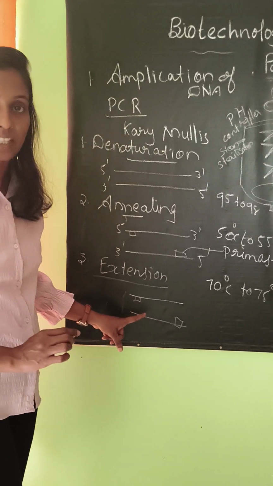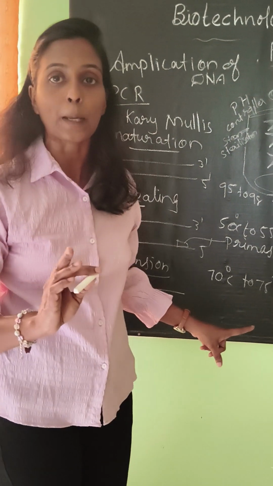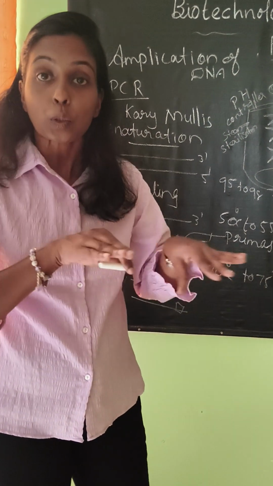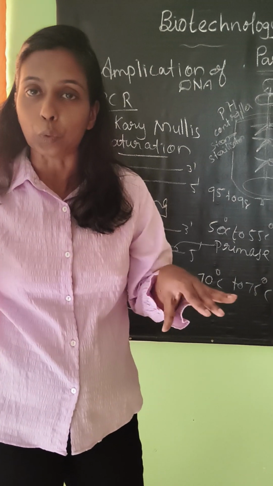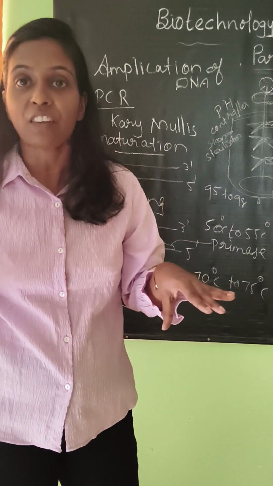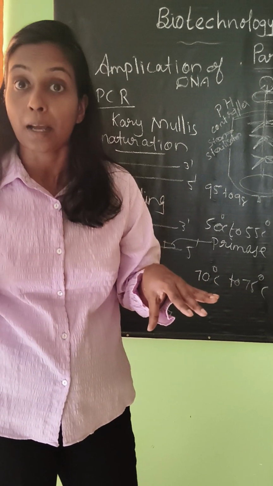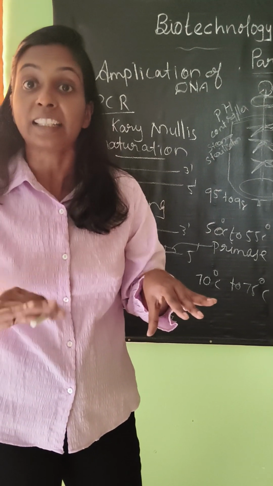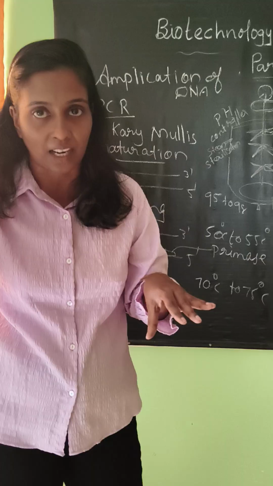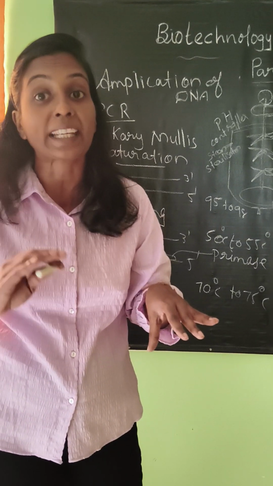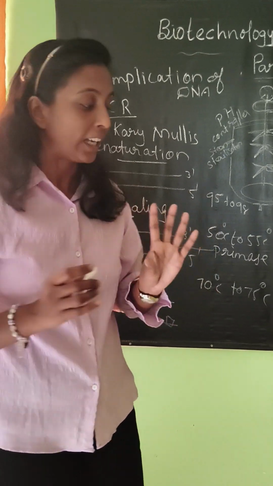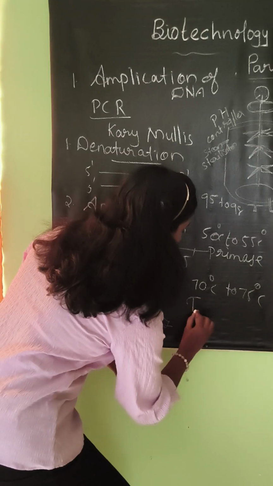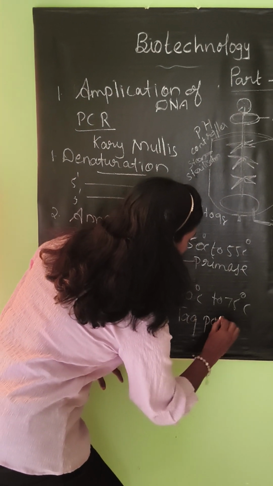Now we have to use DNA polymerase to extend, to add the nucleotides. But DNA polymerase cannot withstand high temperature. So we have to use a special polymerase, called Taq polymerase.